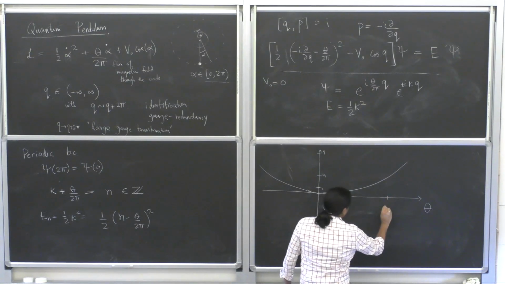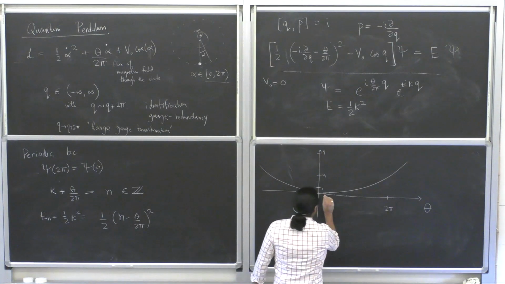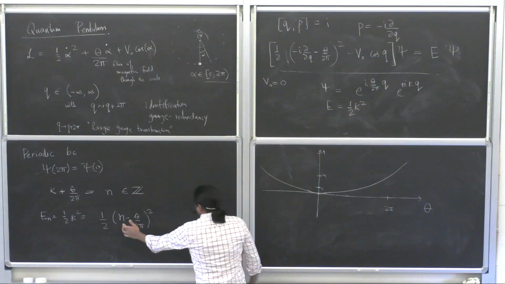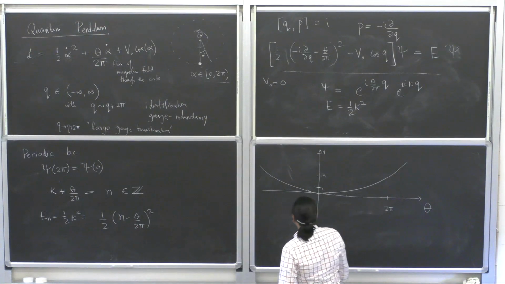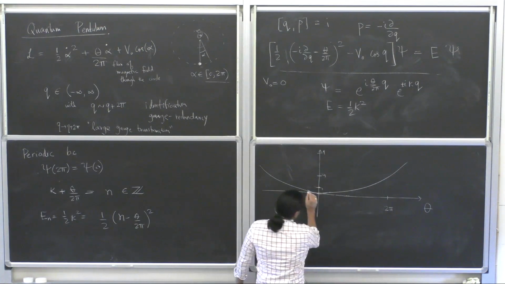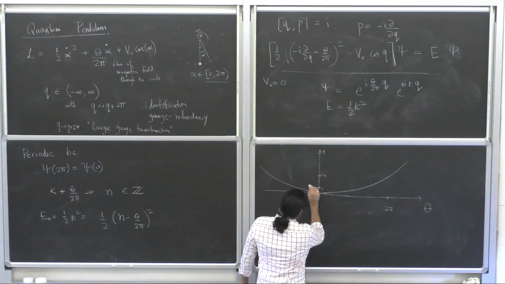So let's say theta is 2 pi here. If you look at n equals 1, then it has its minimum at theta equals 2 pi. And so it looks something like the same parabola.